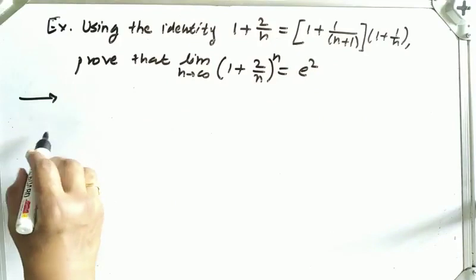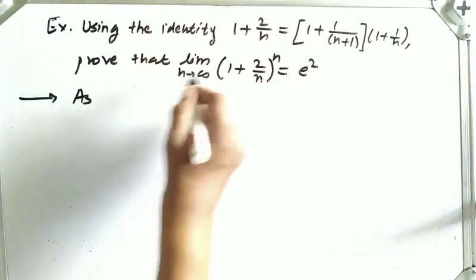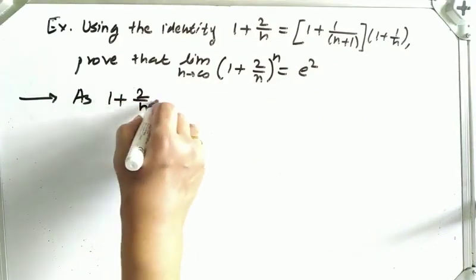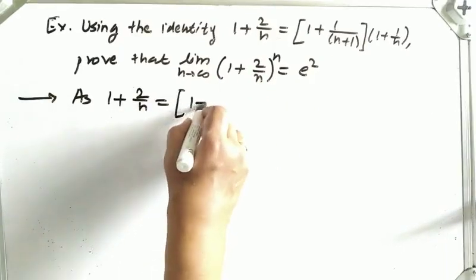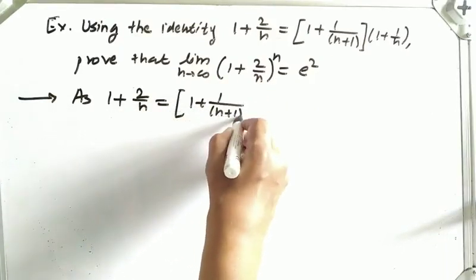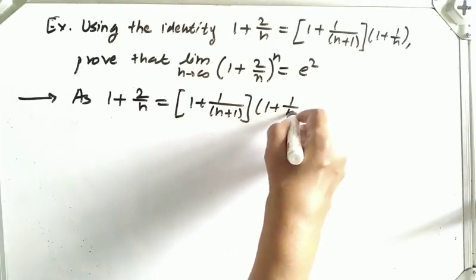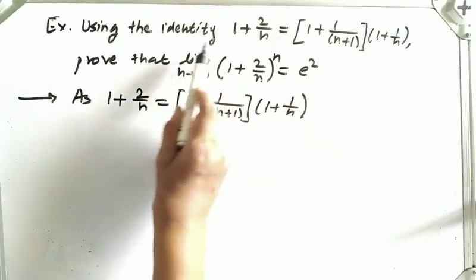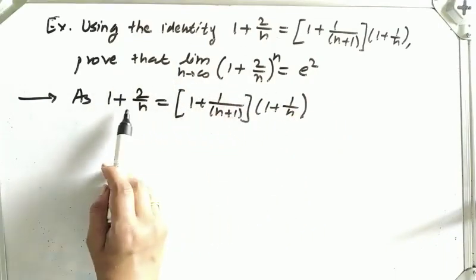So first of all, what is given? This identity is given: 1 plus 2 upon n is equal to (1 plus 1 upon n plus 1) into (1 plus 1 upon n), and we have to find the limit of its nth power.